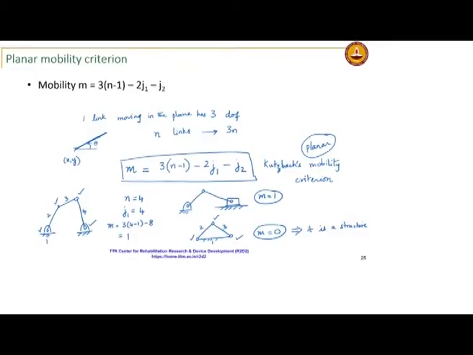That is why for a ternary link, even if I just indicate it as 3 links, it does not matter, because it is already a structure and there can be no relative motion between the links. But it is good practice for you to either shade it or use the welds.